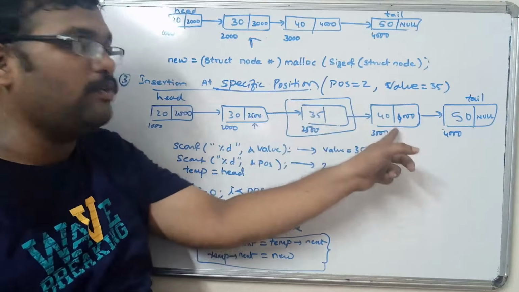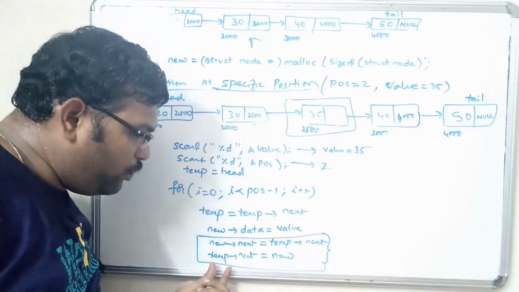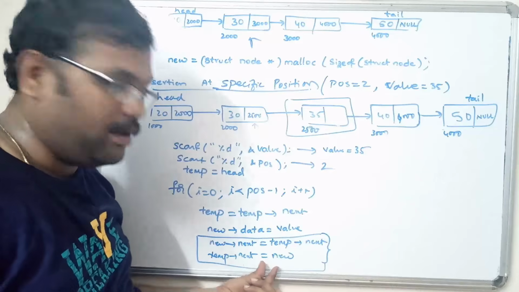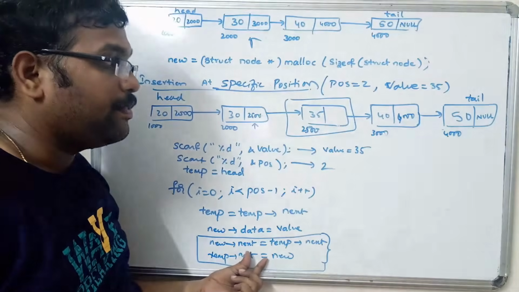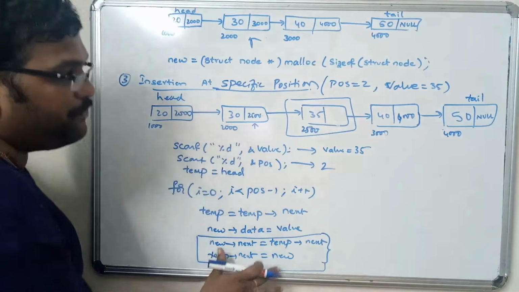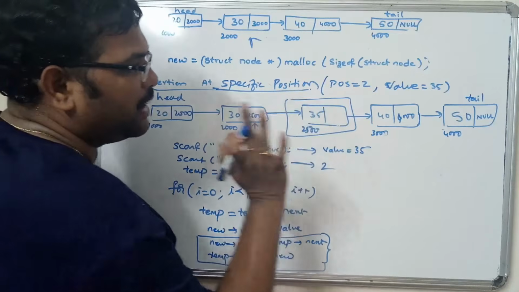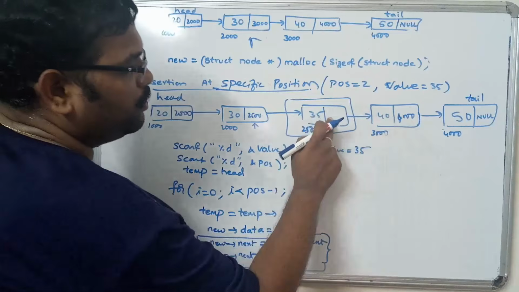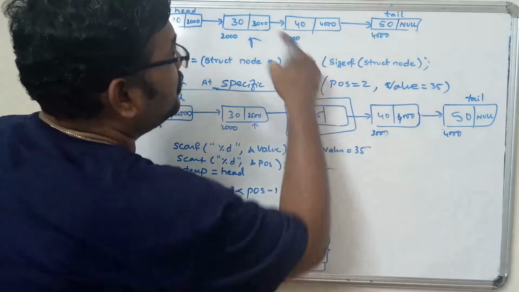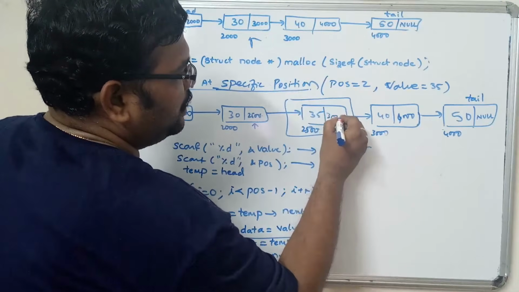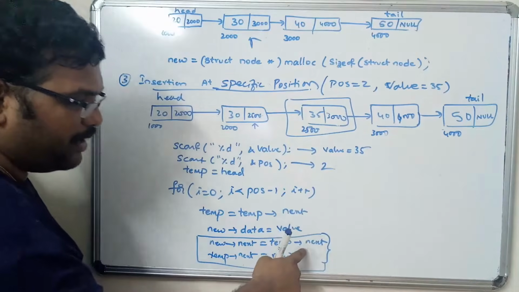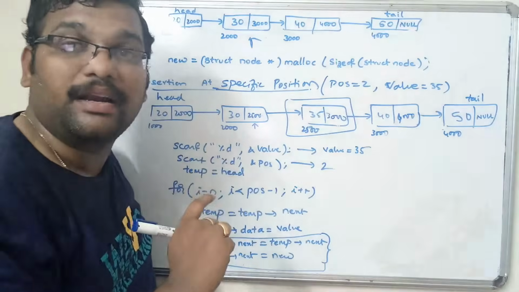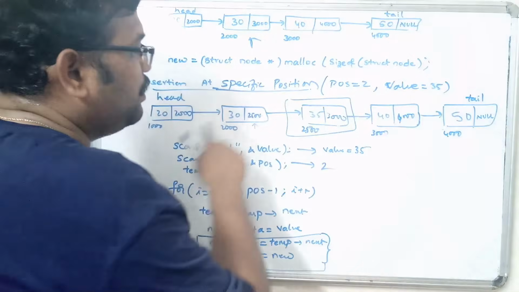We lost the address of 40 if you implement temp of next is equal to new before the other statement, right? So that's why first you have to establish the connection. So new of next is equal to temp of next. That means 3000 will be placed in the new of next, and then temp of next is equal to new. So 2500 will be placed here, right?